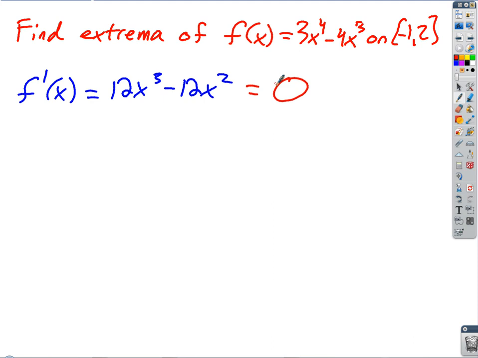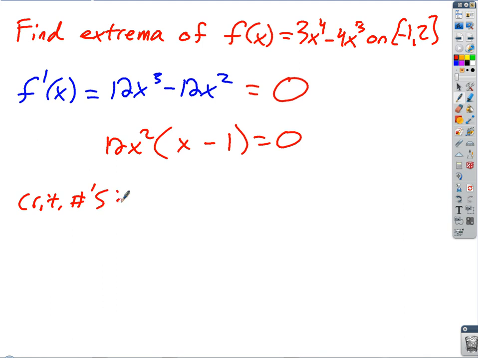Okay, take out a 12x squared, leaving us with... okay, so we've got it factored. So what are our critical numbers then? x equals 1, or we've got another factor here, 0, right?